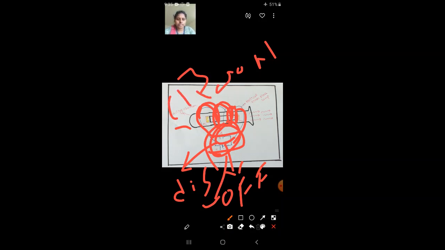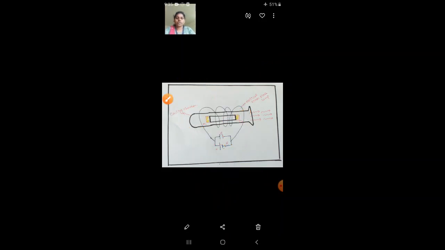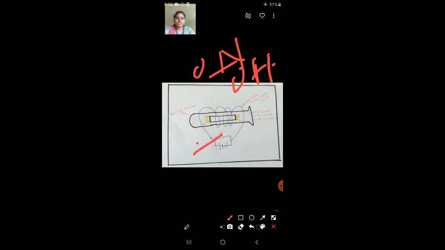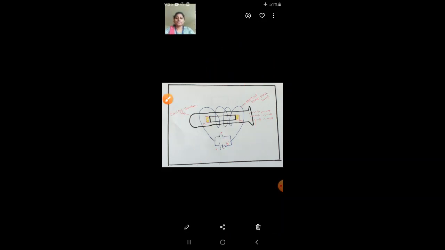So when it is on, the capacitance is discharged, and when it is off, the capacitance is charged. We have an exciting process, which is why we have to supply some energy to the helical xenon flash lamp.